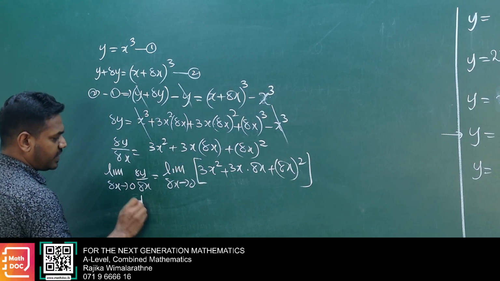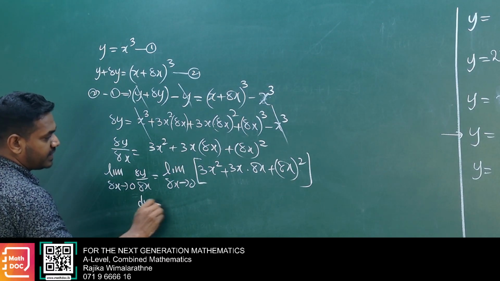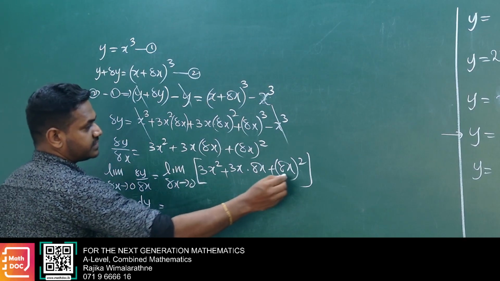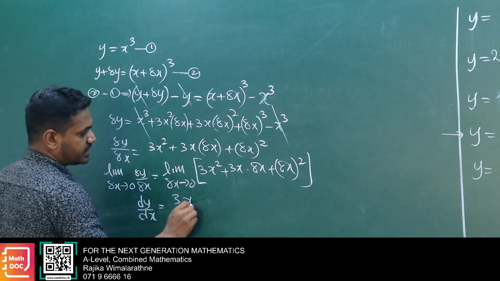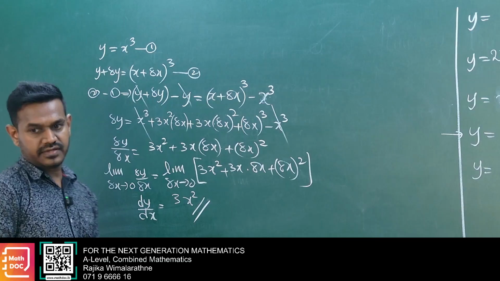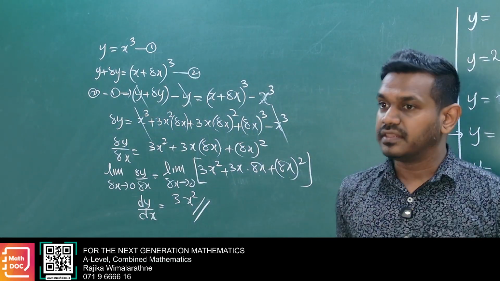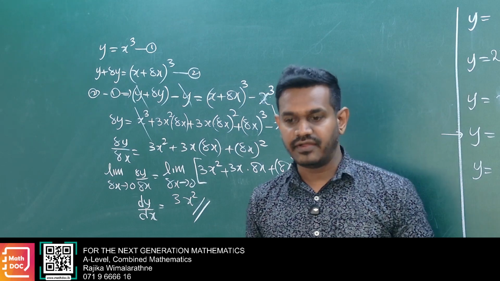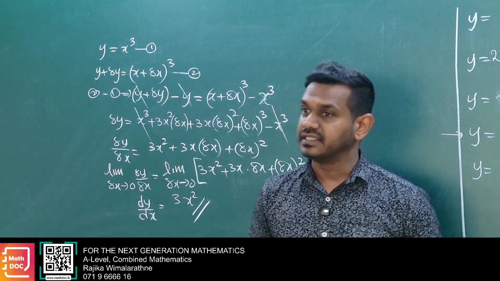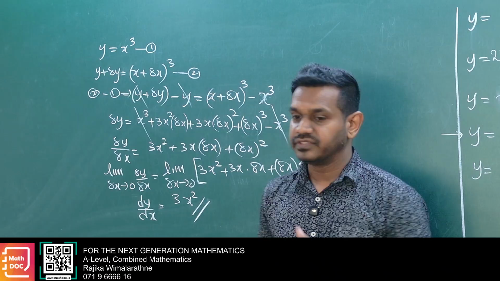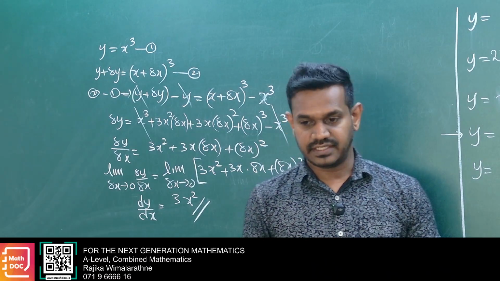Now for this say dy over dx. Here delta x is 0, so only 3x squared remains. The derivative of x cubed is 3x squared. We have direct formulas to differentiate these, but anyway, you have to practice using first principles.